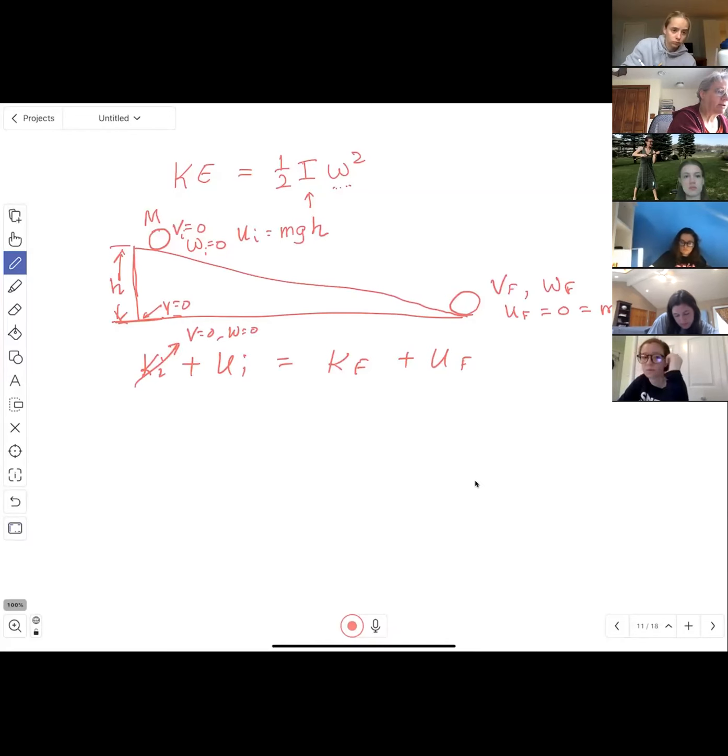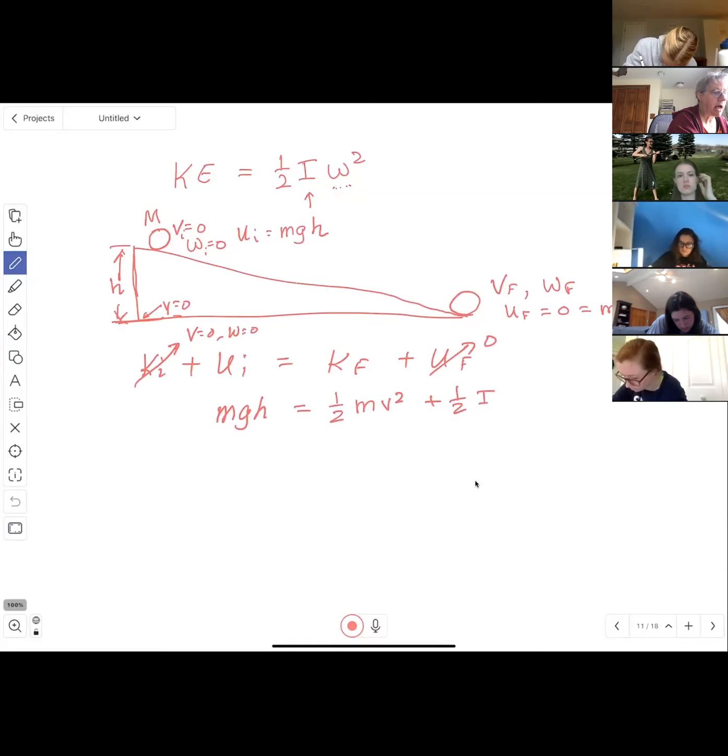On the final side, the final potential energy is 0. So this is very similar to a problem we've done before where something was sliding on a friction-free surface. Over here, I have mgh, and I've not yet specified which mass I'm talking about. And for K final, I've got 1/2 mv squared plus 1/2 I omega squared.